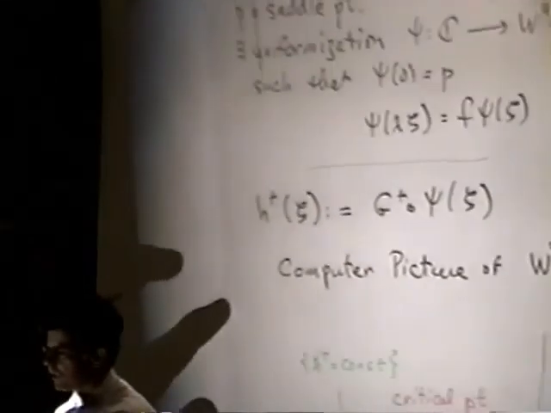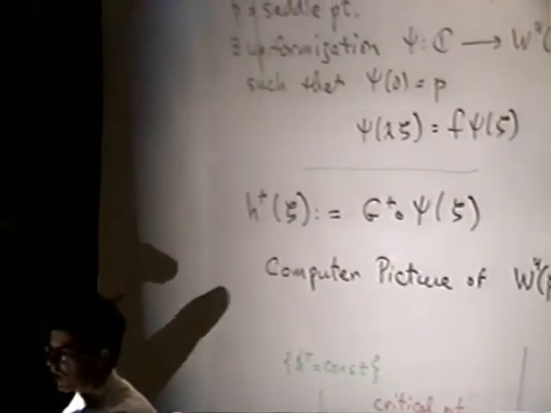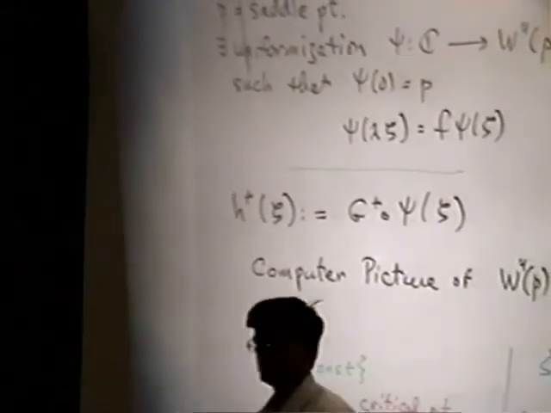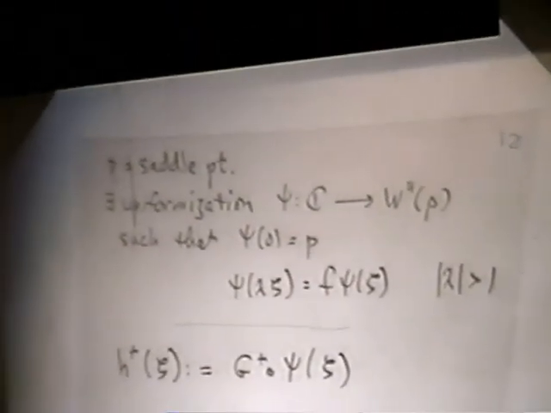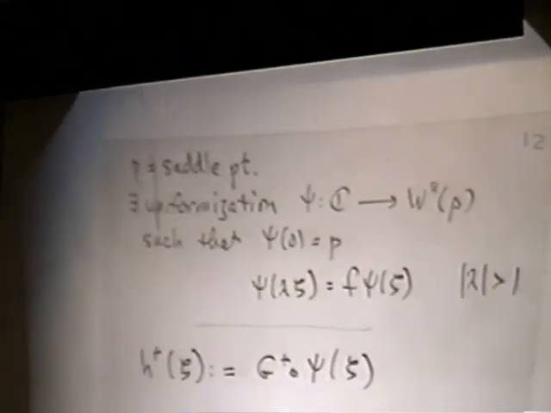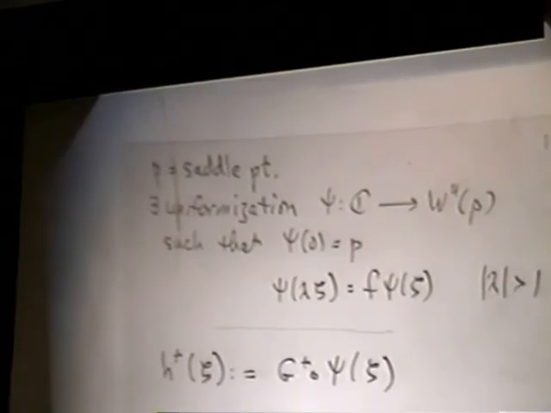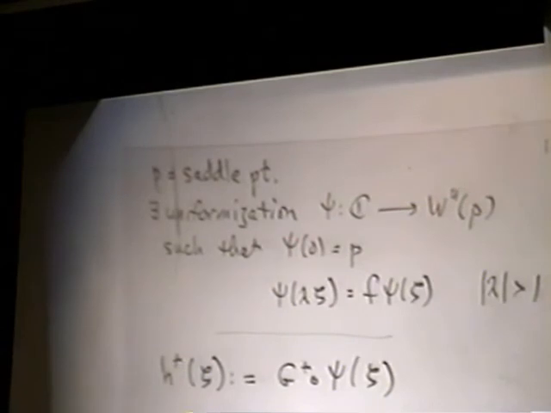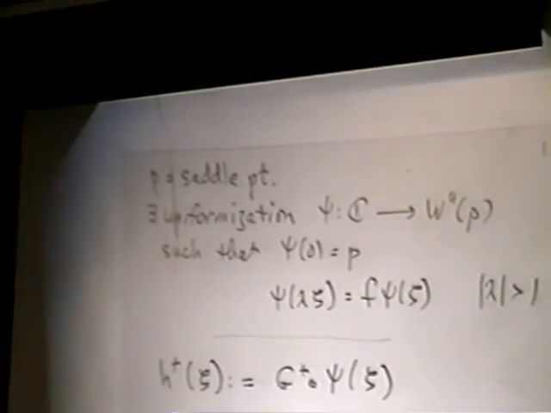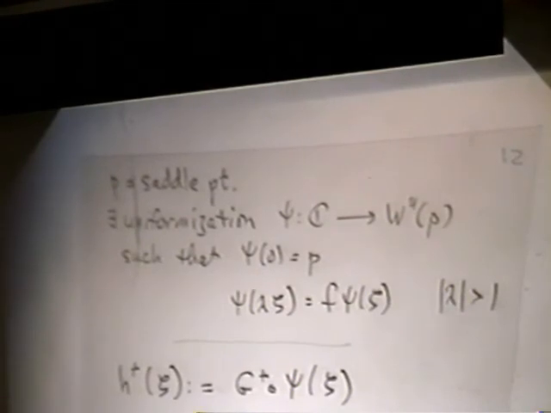So let me look a little bit more precisely at this. If you have a saddle point, you can look at the stable manifold. It's a Riemann surface, so it has a uniformization. It's a simply connected Riemann surface, so its uniformization would either be by, well, it can't be compact, so it's either going to be by C or by a disk. It turns out the uniformization is by C, by a complex plane.